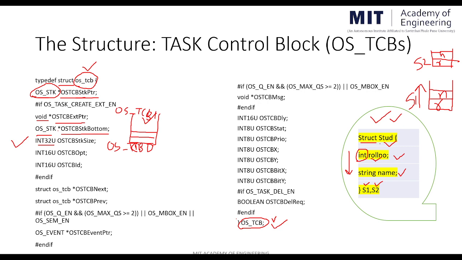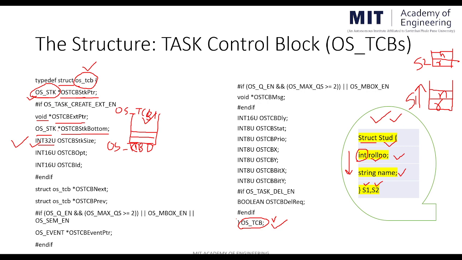Normally we are aware of int, string, character, such data types. But these are data types for which macros are specially created. All these, OS_STK, INT32U, are hash-defined macros written into the kernel so that we can use them as temporary data types to write the kernel.